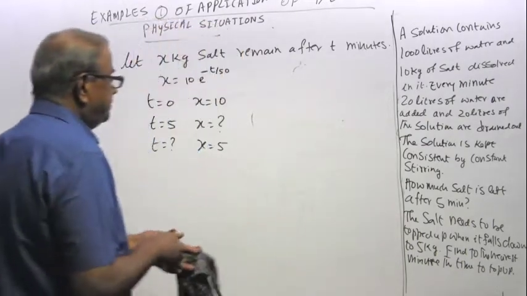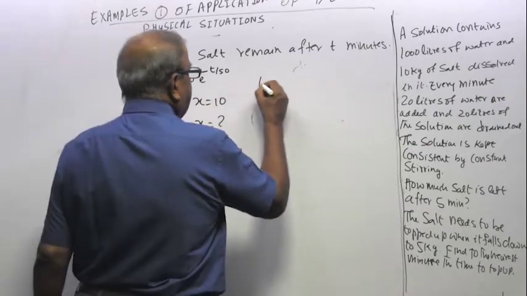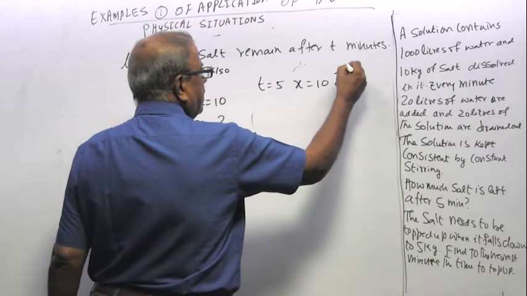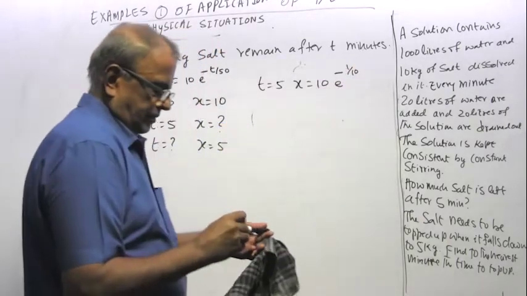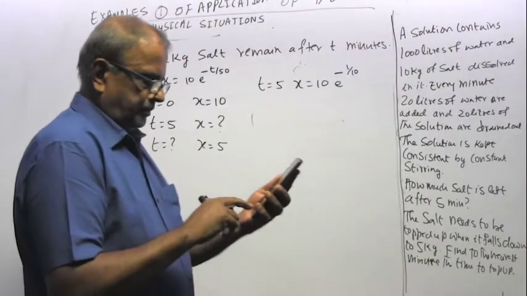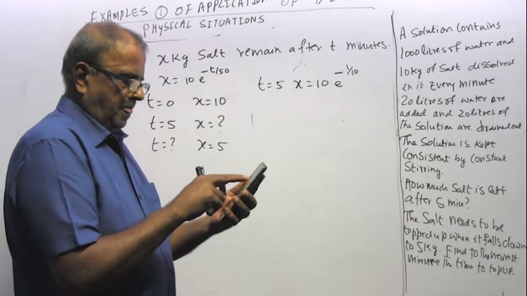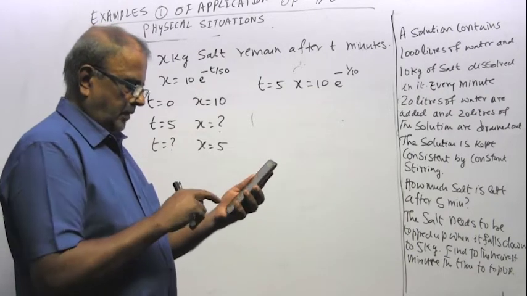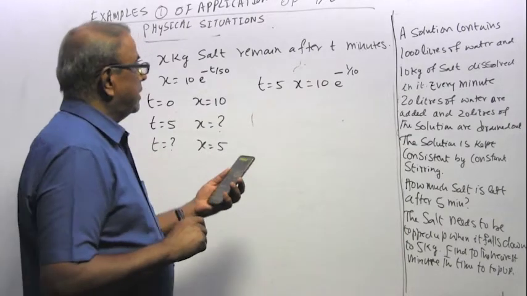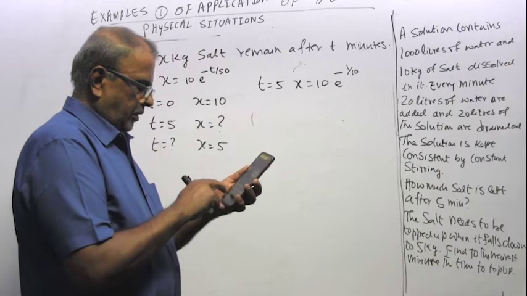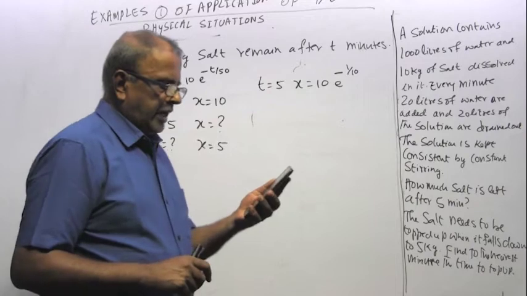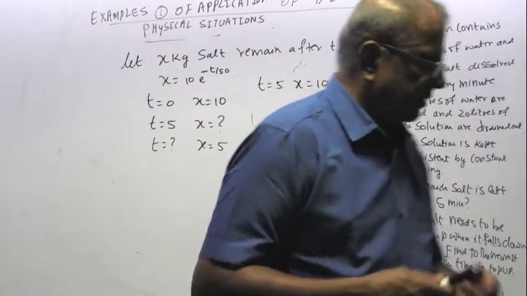So, now, let's go further. You're being given t equal to 5, x is equal to 10 e power minus 1 over 10. How much is that? 10 times e power minus 0.1. 9.05.